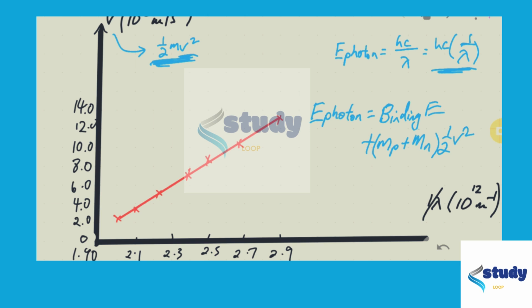And we see that if we move the binding energy to the left hand side, this will be half (mp plus mn) v squared equals the energy of the photon, which is hc over lambda minus binding energy. You can see that this is a straight line equation where v squared is the y, 1 over lambda is the x. So therefore we are expected to get a straight line.